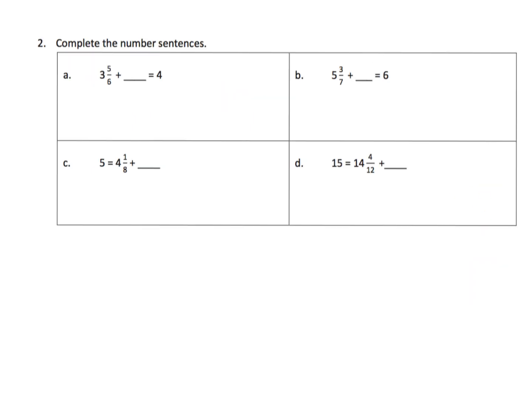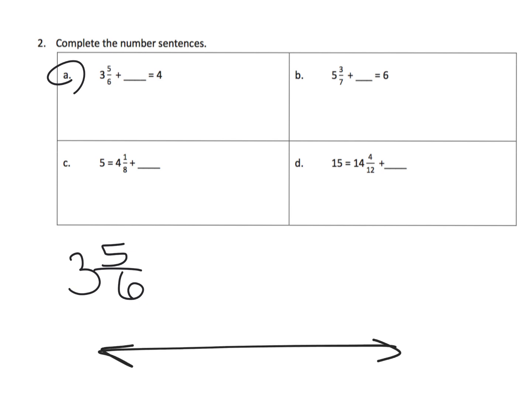So the purpose of this series of problems here is that we want students to see, I'll start with this one, 3 5/6. And how much do we need to add to this to get 1 whole? What are we missing from the 5/6 before we reach 1 whole? So parents and teachers, you may need to draw the fraction.